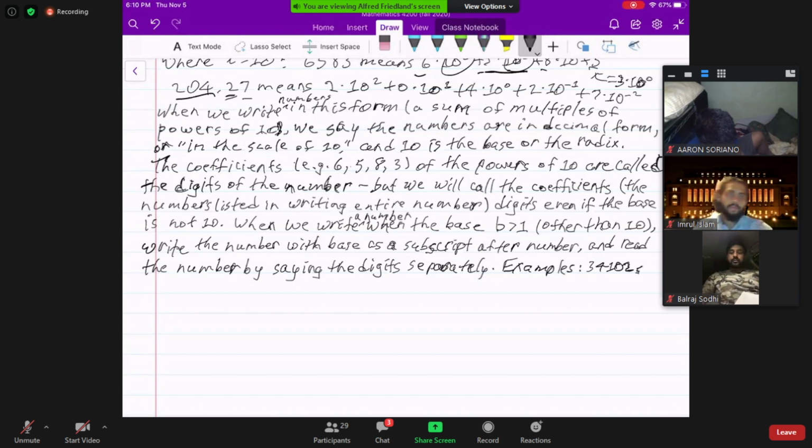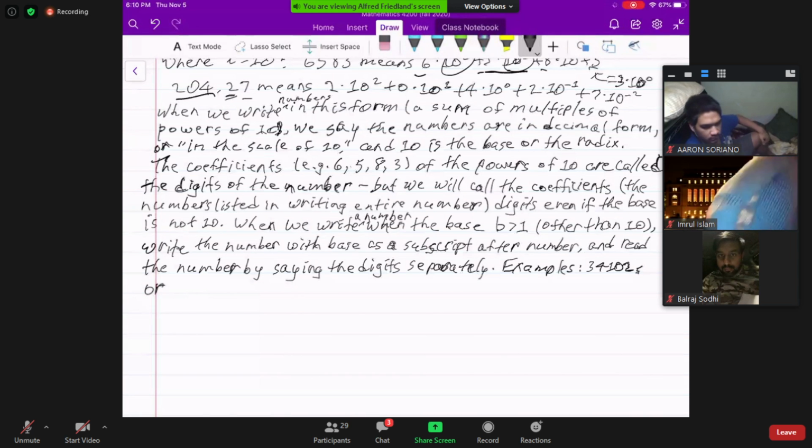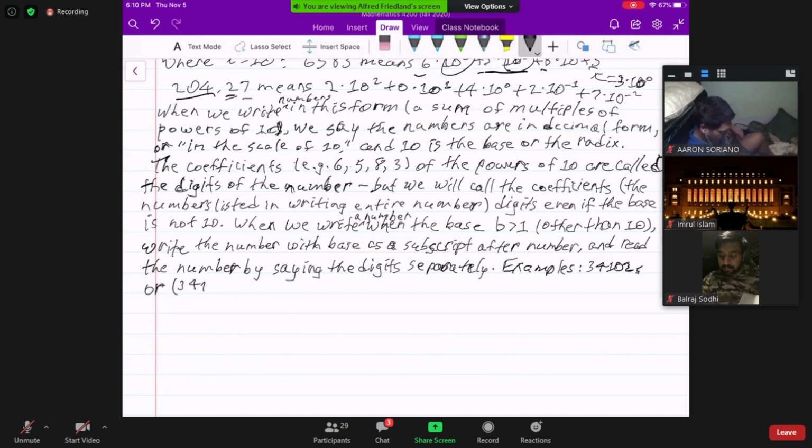So we'll write 5 as a subscript, or some books will show it with parentheses. Either way, what I'm saying is this number, that 34102, is not 34,102. That's only in the case of base 10.